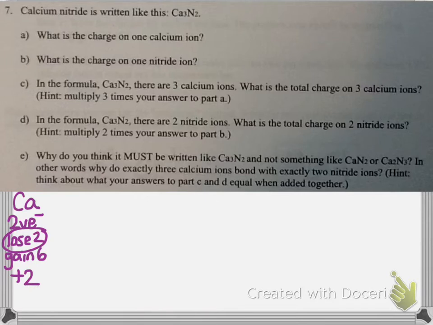What is the charge on one nitride ion? Nitrogen is nitride, and it's in group 5A, so it has 5 valence electrons. So it could lose those 5, or it could gain 3. It's going to gain 3, so it's going to have a charge of -3.